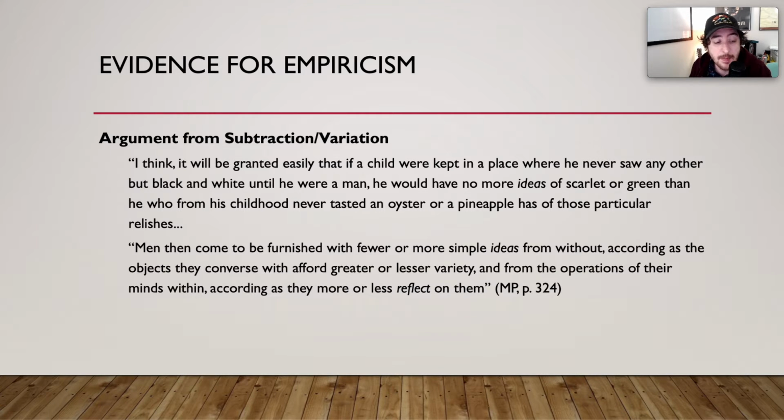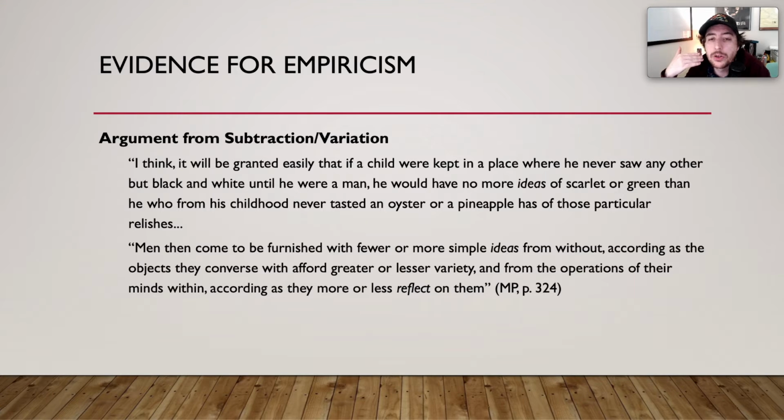He also says, "Men then come to be furnished with fewer or more simple ideas from without, according as the objects they converse with afford greater or lesser variety." So the more things you interact with, the more ideas you have of external objects. The fewer things you interact with, the fewer ideas you have. "And from the operations of their minds within, according as they more or less reflect on them."